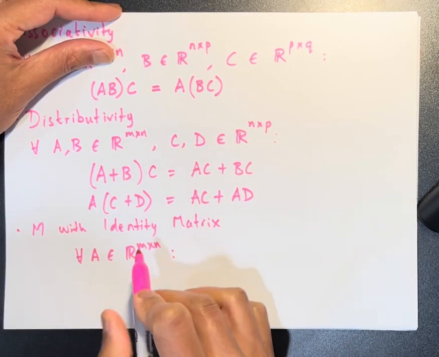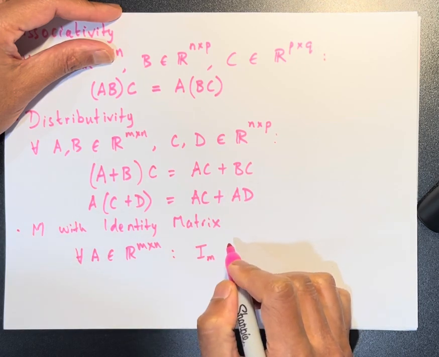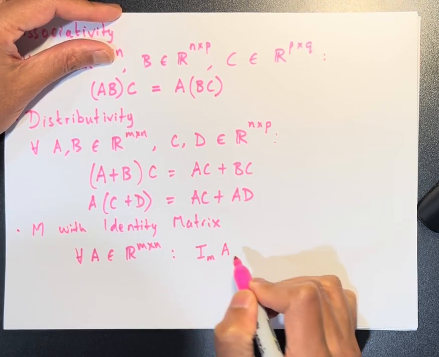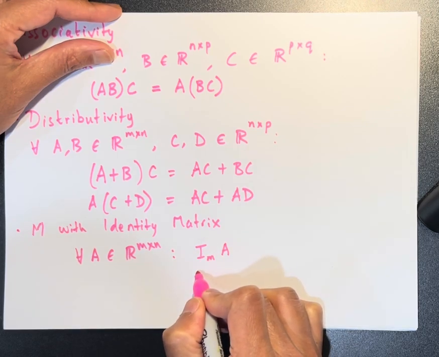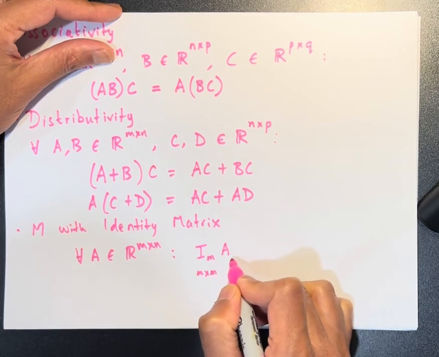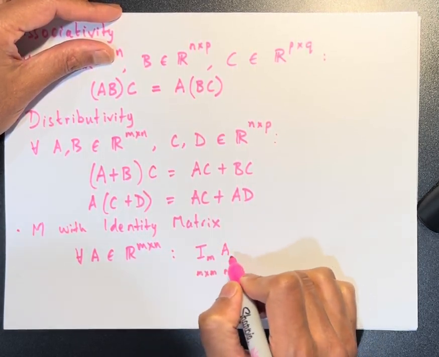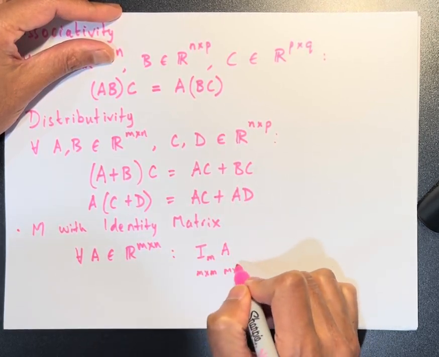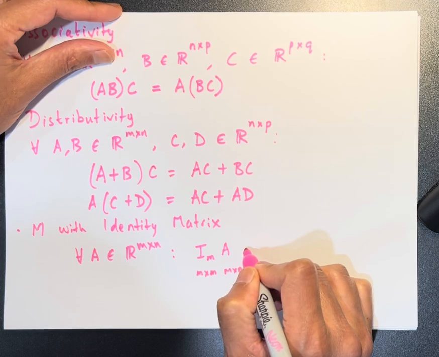Now you can see that this is m by n, which means the identity matrix has to multiply from the left, Im times A. If I want to multiply from the left, this is m by m, and this is m by n. So that's A, an m by n matrix, so this obviously is going to be equal to A.